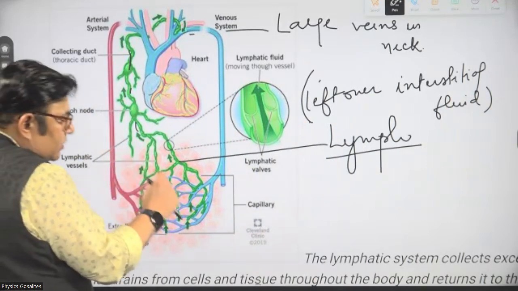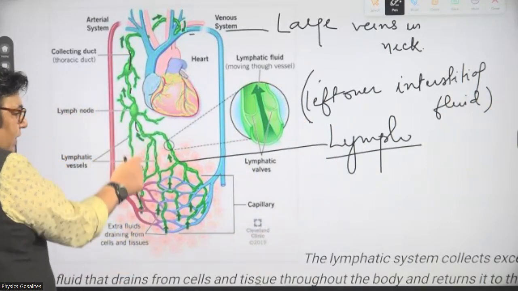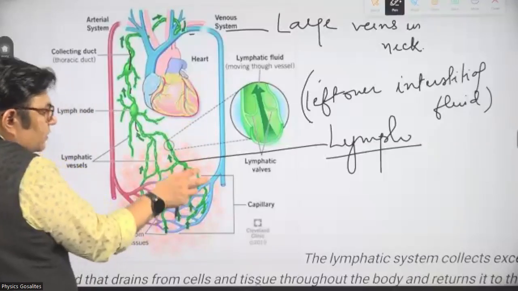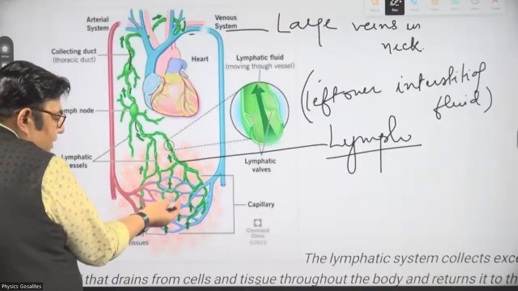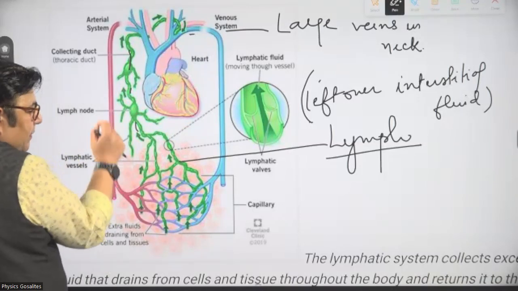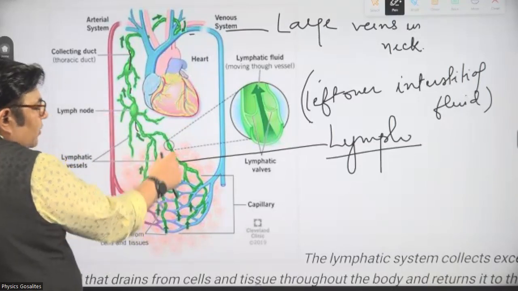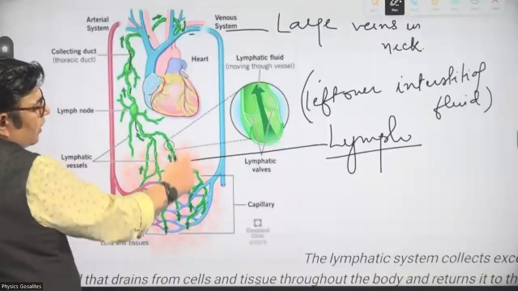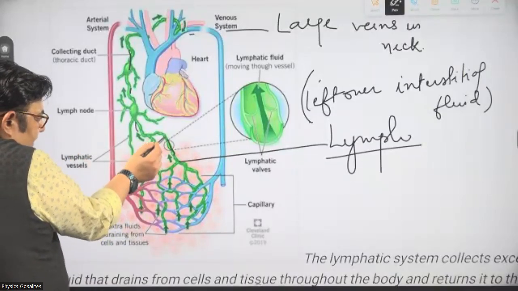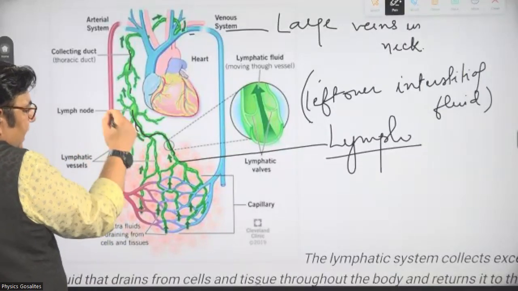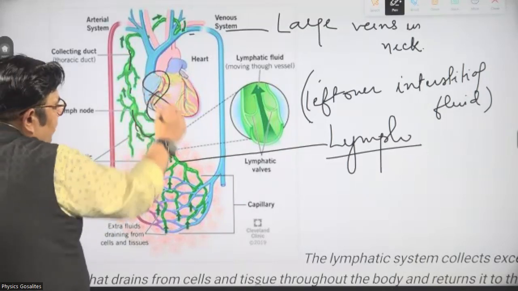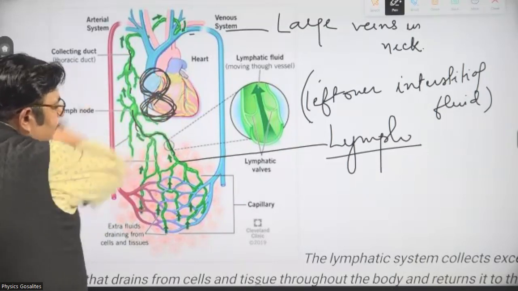Okay, right. So these green colored things shown here collect this leftover, and when that interstitial fluid enters into these capillaries, because these capillaries are called the lymph capillaries, the fluid is called lymph. And the lymph which is passing comes across 8 groups of filtering stations.